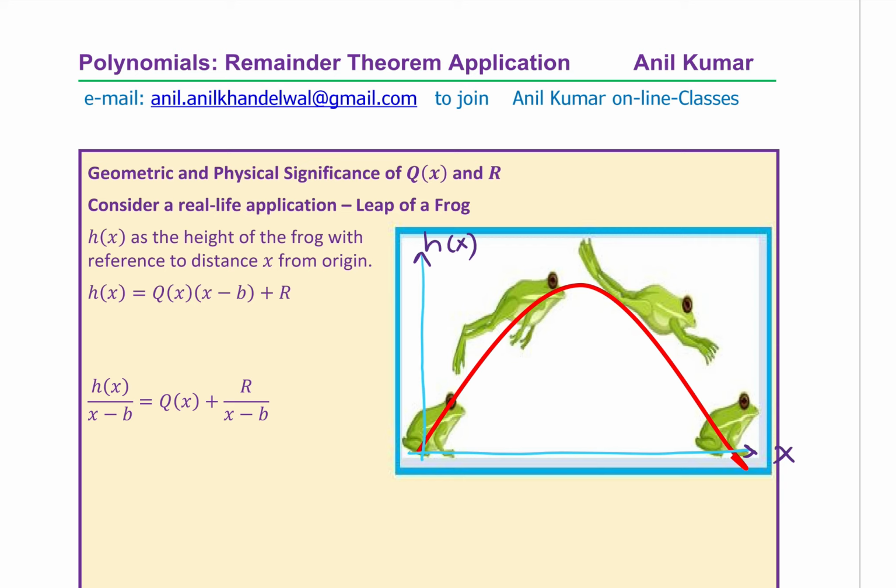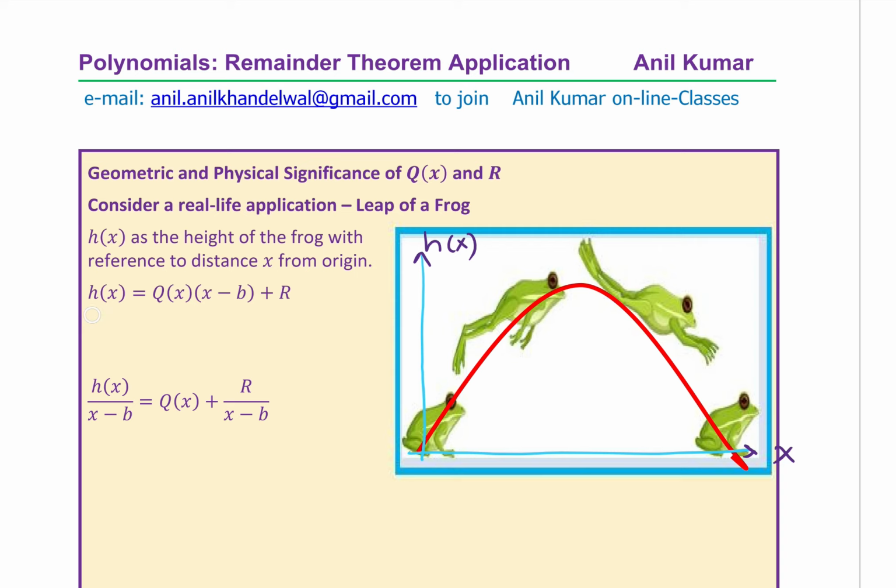Any unit you can take. Let's take centimeters, for example. The frog leaps and then ultimately it follows kind of a parabolic path and lands. So this could be given as any polynomial equation. We'll take a quadratic equation later. But the idea here is to understand the significance of q of x and the remainder r.